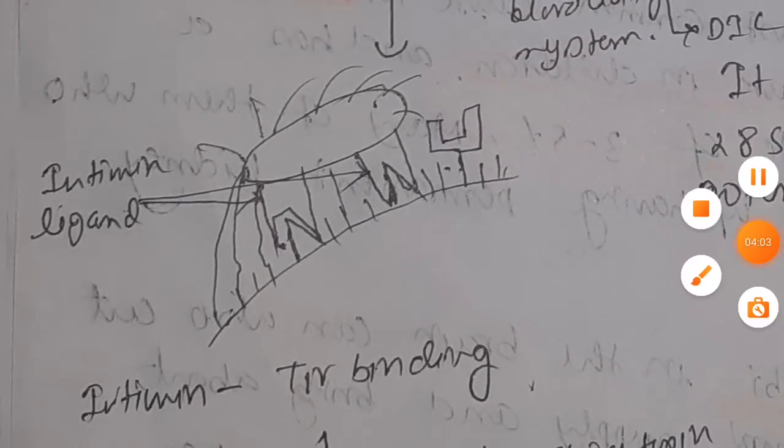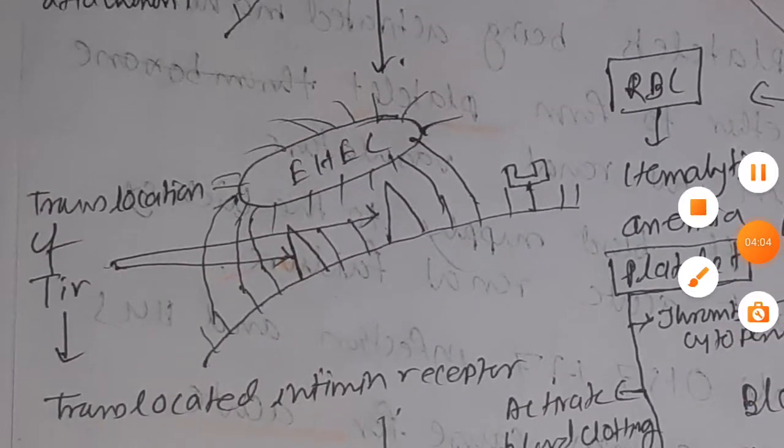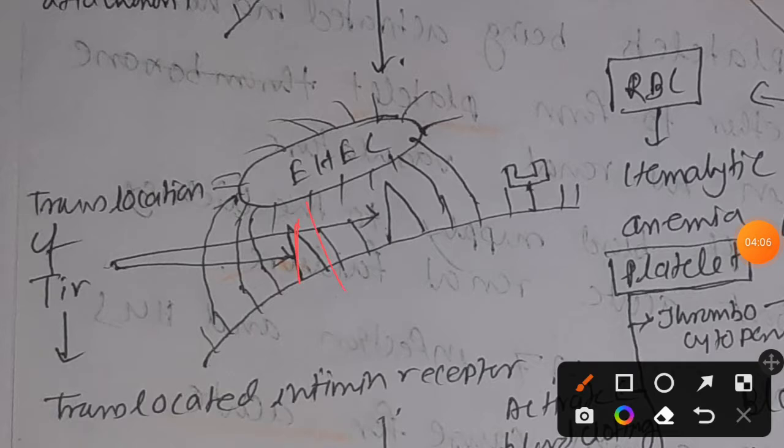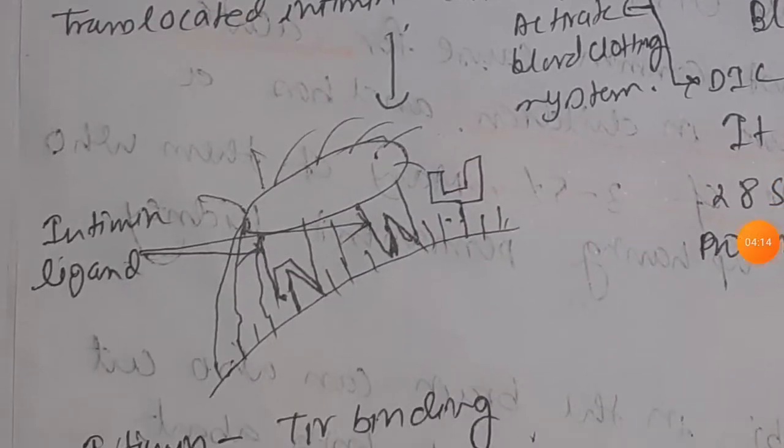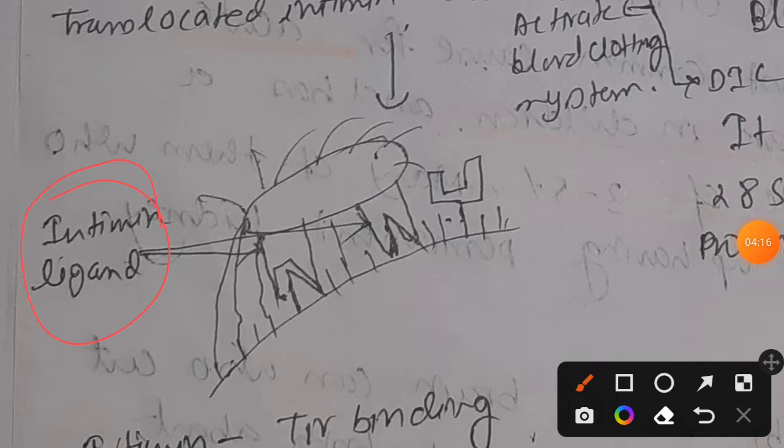Now in the third step, it is obvious that as they are transferring TIR for attachment, the bacteria should have some plan to interact with those TIR, right? So the plan is the presence of the intimin ligand. The bacteria knows that it has the intimin ligand, which has the ability to bind with TIR. That is our third step, known as TIR-intimin binding.